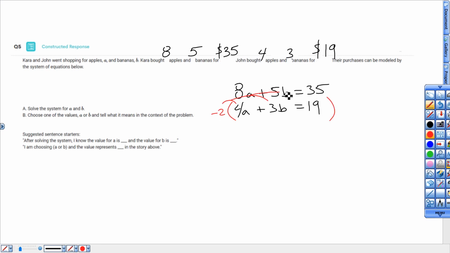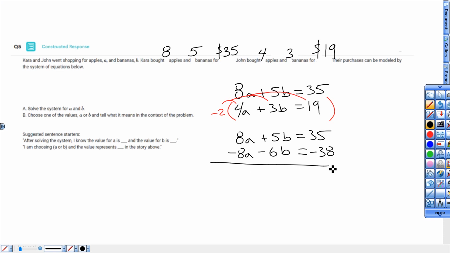Distributing that gives me negative 8a minus 6b, I believe, equals, and if I use my calculator right there, negative 38.